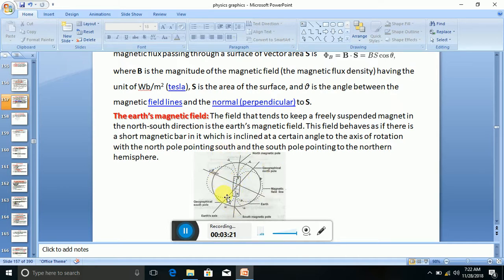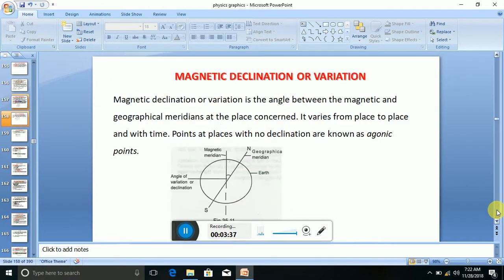This is the geographical North Pole and geographical South Pole. This is the magnetic field that we're talking about. You can see the movement north to south. So this is the Earth's magnetic field.